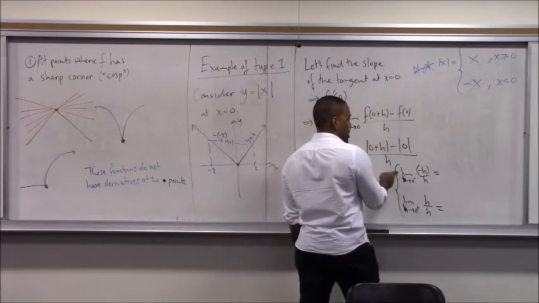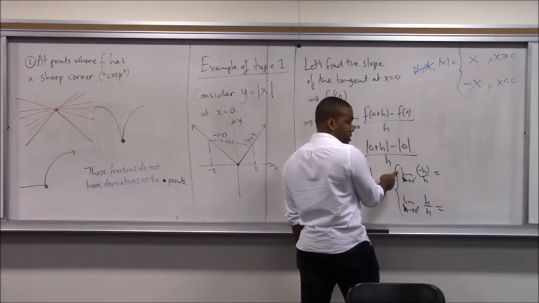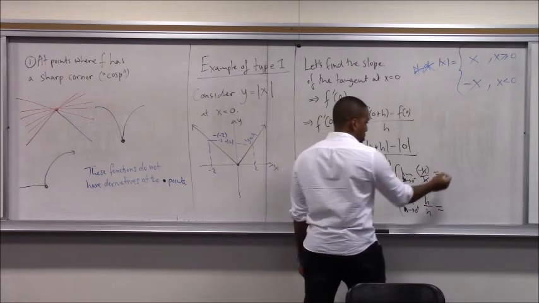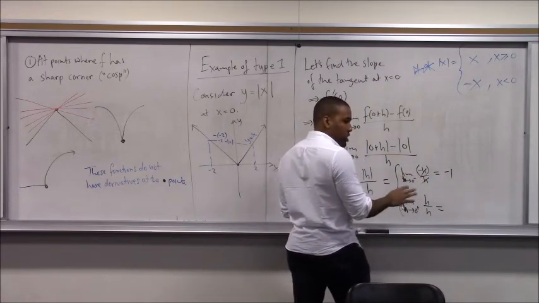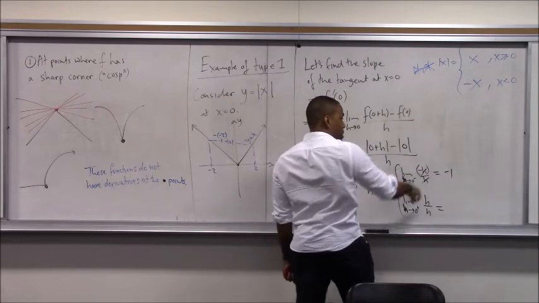What are the strategies for a random limit? What are the steps you go through? First, you try to plug in. Can we plug in? No, there's a 0 in the denominator. What's the second step? Try to simplify. Can you simplify that? Yes, cancel the h's. Minus 1 is the answer. Remember the strategy. You shouldn't be confused or stuck. There's always a sequence of steps you should go through. Know the definitions, know the steps.